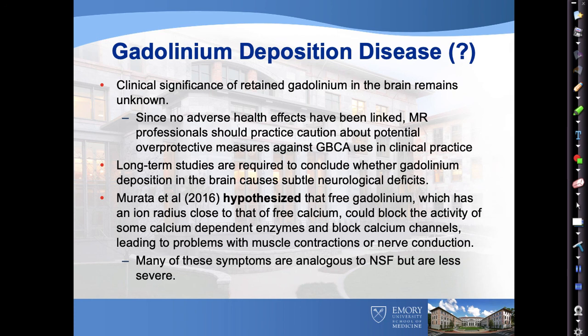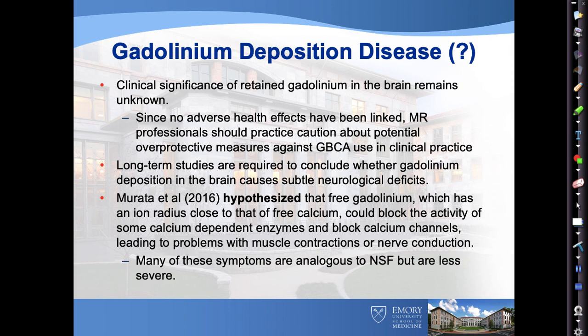Murata et al. in 2016 hypothesized that free gadolinium, which has an ion radius close to that of free calcium, could block the activity of some calcium-dependent enzymes and block calcium channels, leading to problems with muscle contraction or nerve conduction.